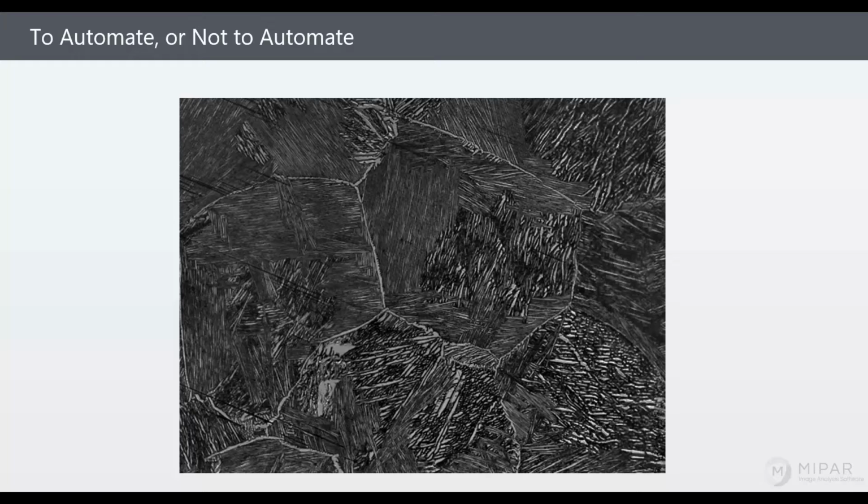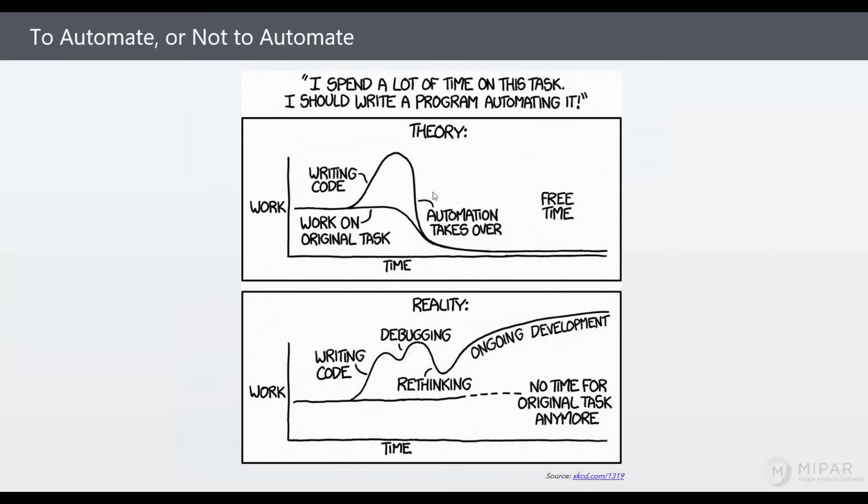But I think we've all been in this position before, and I thought this was a very appropriate comic for this topic, where ideally we put in a bit of work early on to develop an automated approach to solving a repetitive task or project, and after that initial work, we nail the automation and we no longer have to do that tedious task anymore, and we move on to something else.